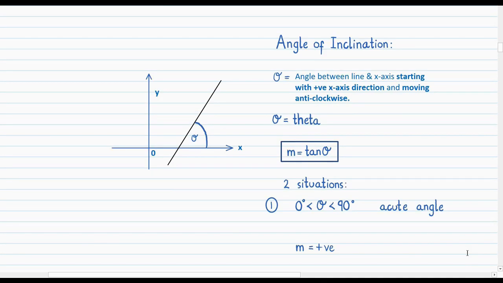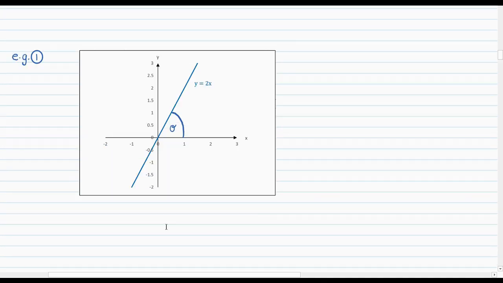Let's look at an example. In this example, you have the line y equals 2x. So by comparing it to the general equation for a line, which is y equals mx plus c, we can deduce that the gradient m is equal to 2. Then using the equation m equals tan theta, we can say that tan theta equals 2. Then the goal of the example is to find the value of the angle theta.